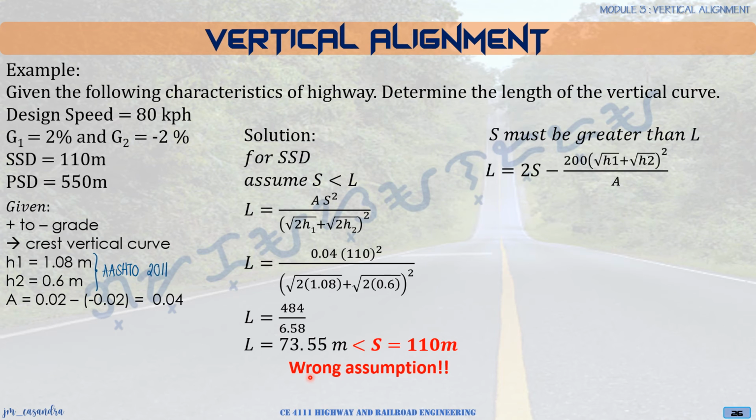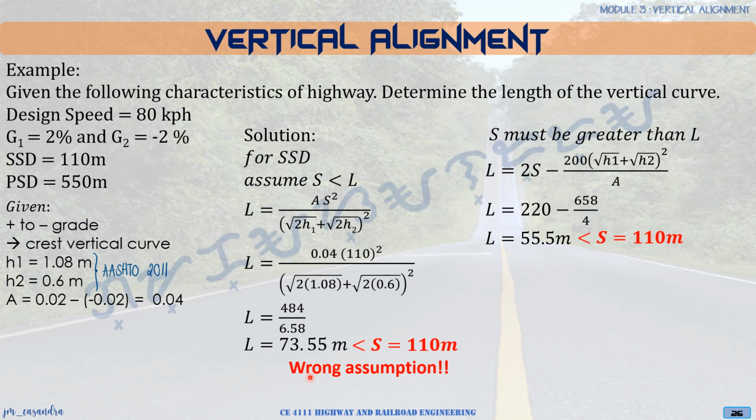So with that, we now use the other equation, L equal to 2S minus 200 times the square root of H1 plus the square root of H2, quantities squared, divided by A. So substituting our values again for S, H1, H2, and A, we now arrive at L equal to 55.5 meters.